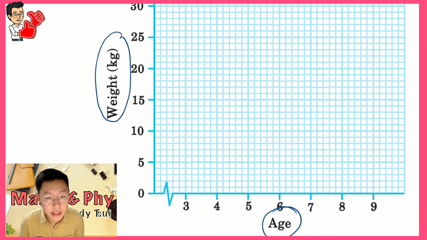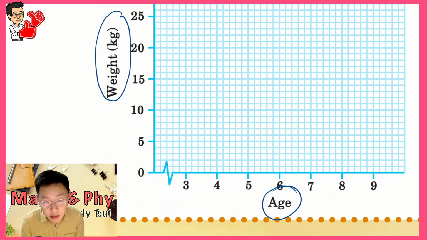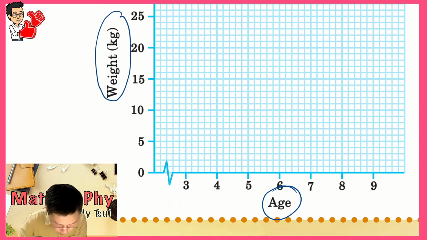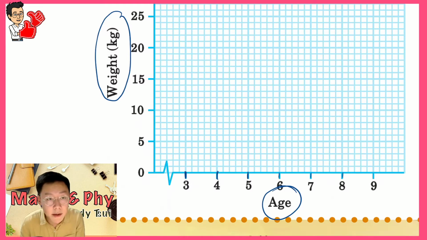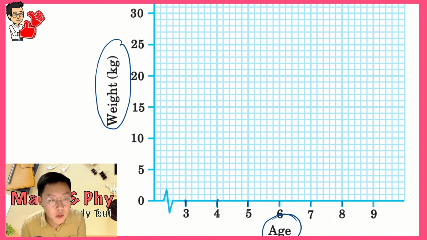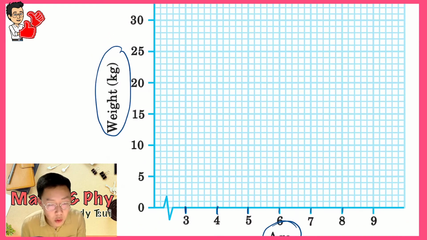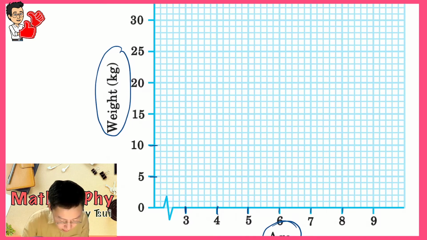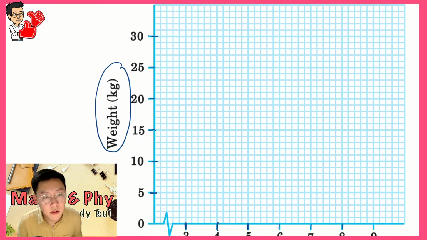We also need to give names to the x and y axes, and draw the scales. Maybe we start from 3 and then 4, 5, 6, 7 and 8, etc. For the y-axis, the scales are 5, 10, 15, 20, 25 and 30.